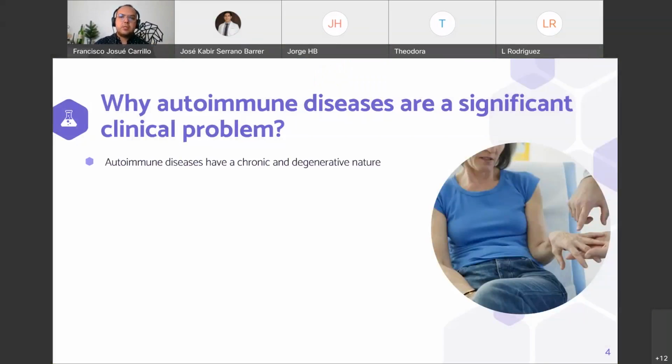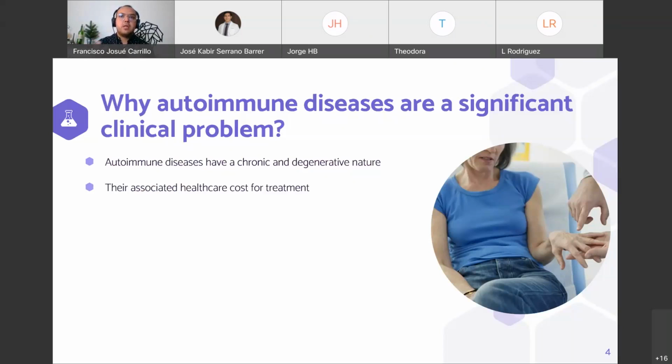This means that patients with these diseases never recover 100%, as with some other infections or treatments, and they live the rest of their lives with this condition. In consequence they are associated with a high healthcare cost, and the treatment that these patients receive is a long-lived treatment.